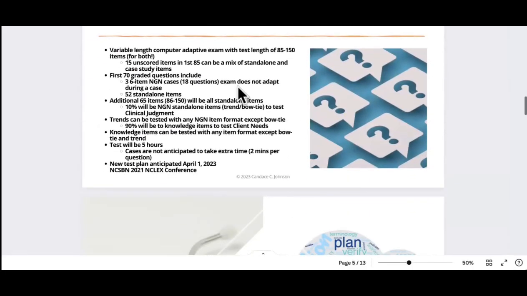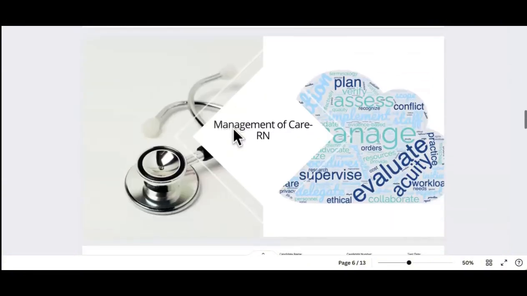All right. So again, check out the video to get a little bit more on this slide as well as this slide. Just quickly though, this is a word cloud that shows you, when going through that test plan, which words show up the most often when you're talking about management of care. So it's all planning, right? Assessing, conflict resolution, managing the patient's care.